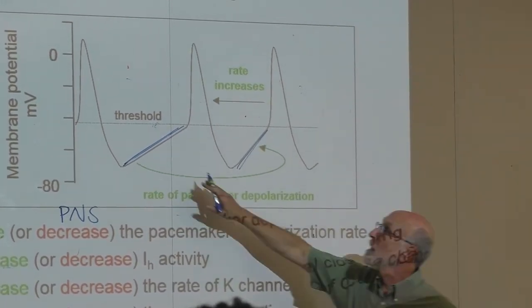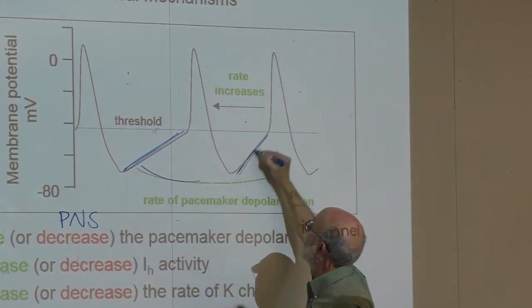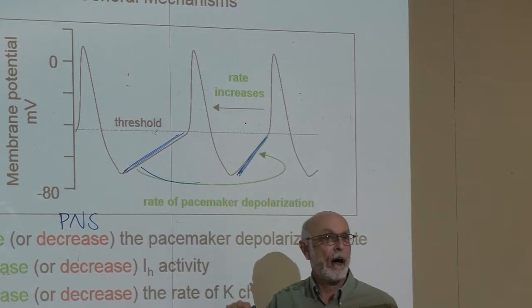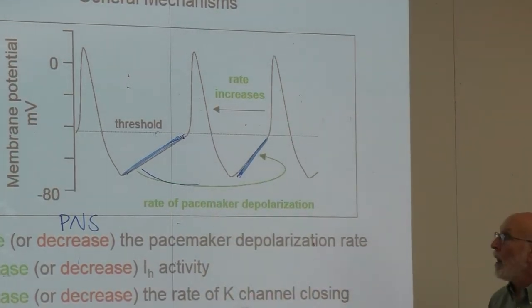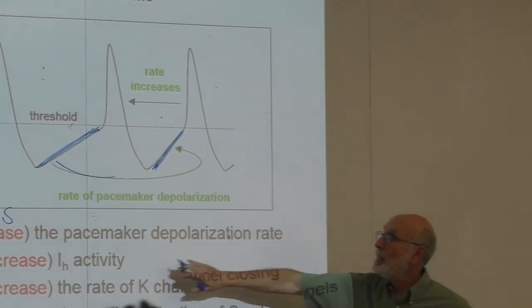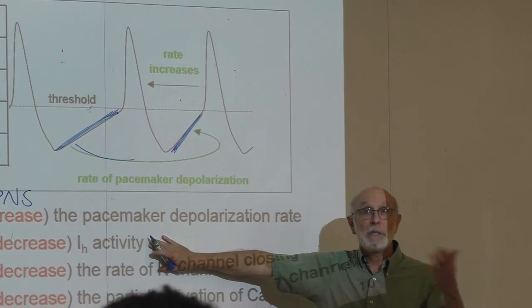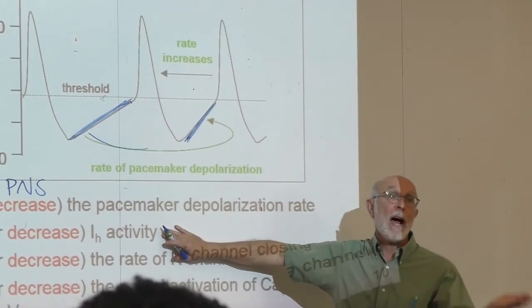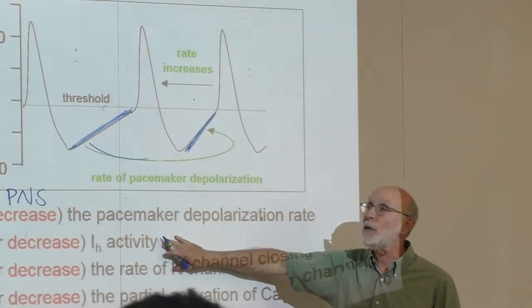So what are the mechanisms by which we could increase the slope of the slow depolarization? Well, we can increase the activity of IH. Remember, IH helps the membrane depolarize, so if we give it more IH, we give it more depolarization, and that would increase the rate, right?